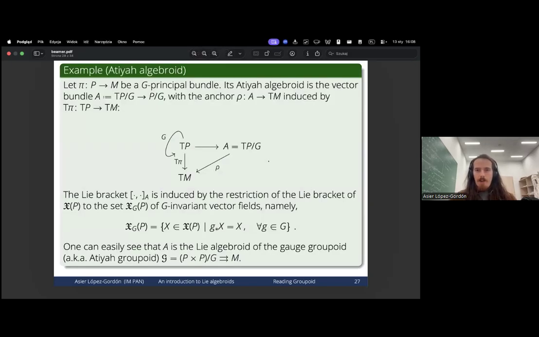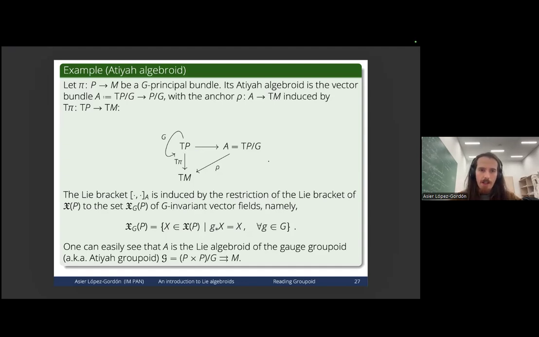Another very important notion is the Atiyah algebroid. So recall that we extensively considered the gauge groupoid, also known as Atiyah groupoid, especially in the lecture by Ruben.